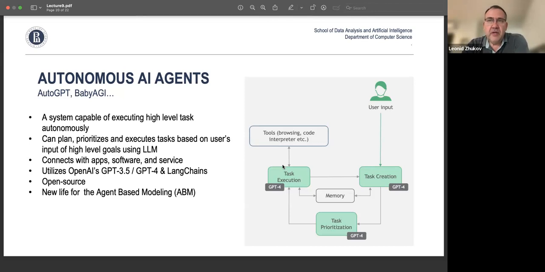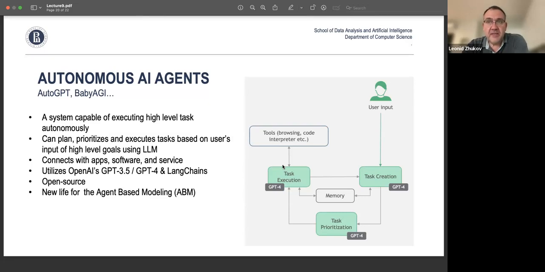And so with this scenario, we have a system that is capable of executing very high-level tasks. GPT or another LLM can be used to create tasks, to take a large task and split it into small tasks. It can be used to do task prioritization.